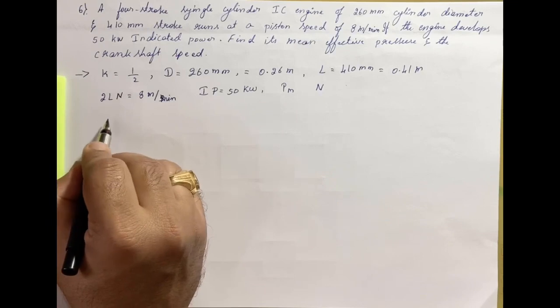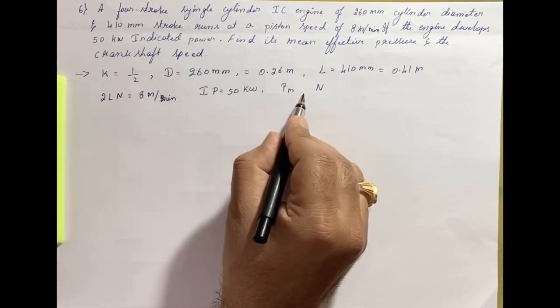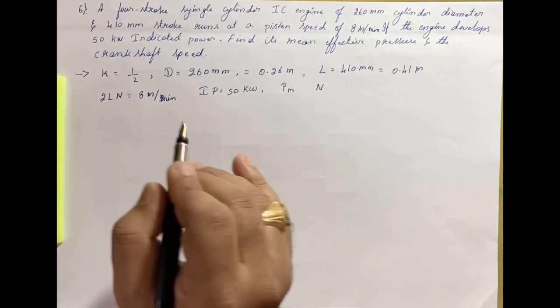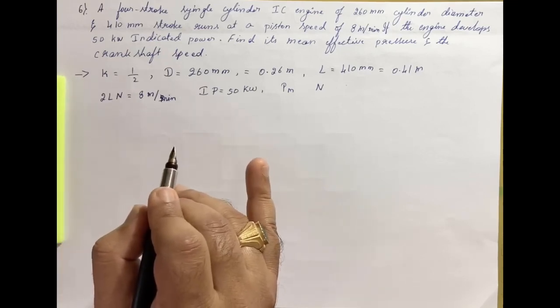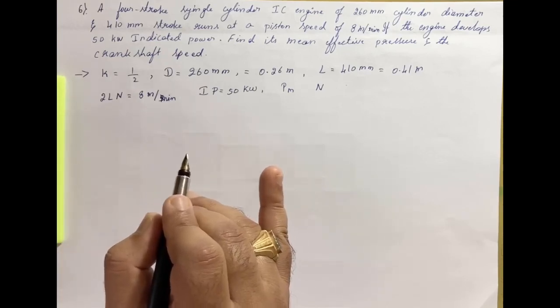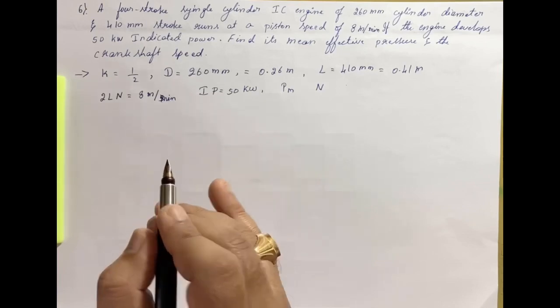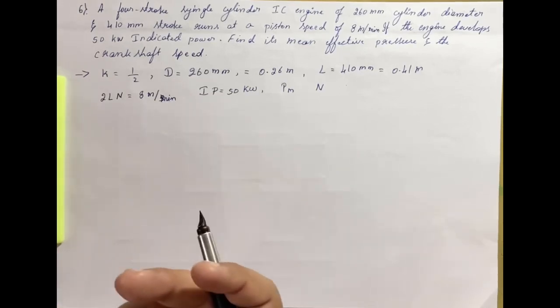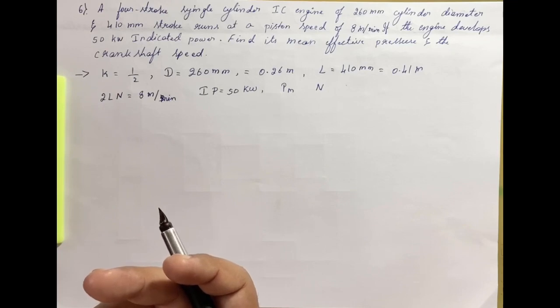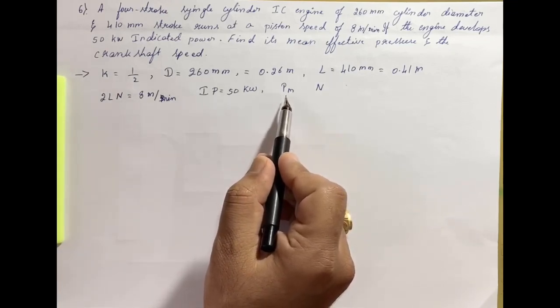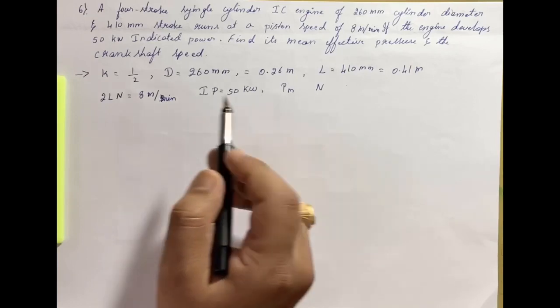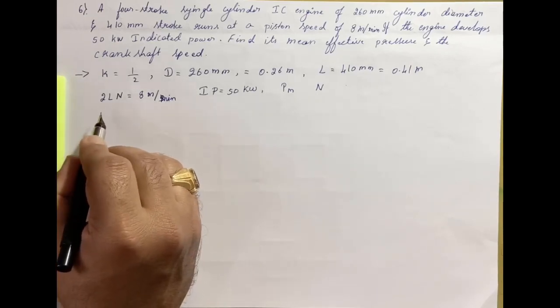The direct formula to find PM is S A by L. S is the spring value of the spring used, that is not given. A is the area of the indicator diagram, that is also not given. Length of the indicator diagram is also not given. So PM we cannot find with that formula.